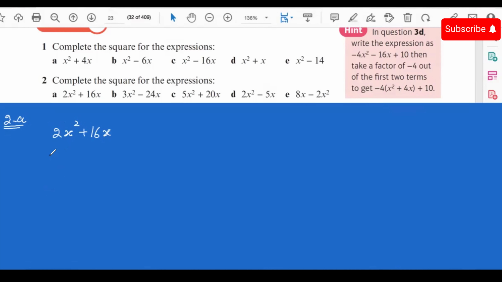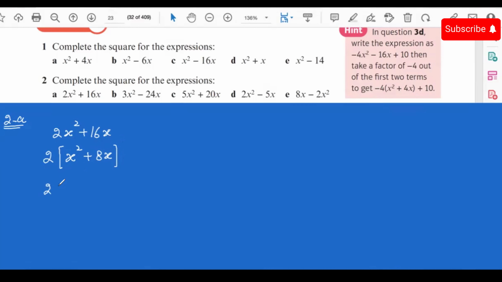So in this case, what we can do is say this 2 is a common factor among these two terms. Then we will have x square plus 8x like this. So this 2 is a common factor for both of these terms.